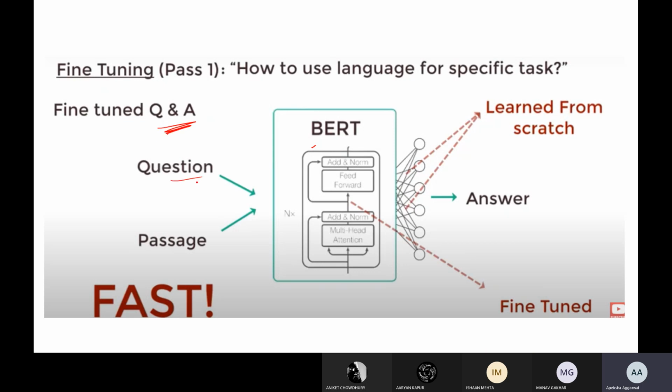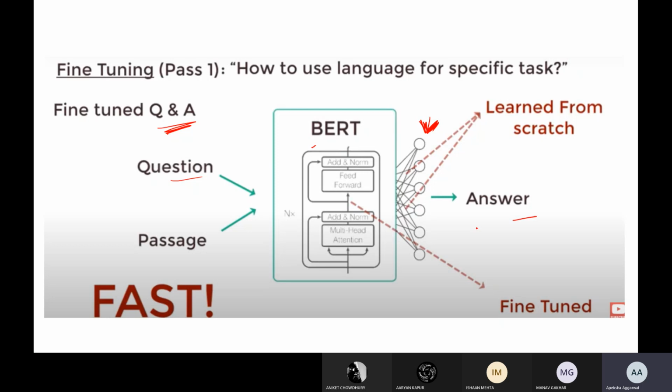You want to give some question as input and get an answer. What you will do is add a certain number of layers. This model has already learned, so instead of learning from scratch, you just use those weights, add a few layers to it, and say, this was my question, and I want the answer for this. So you will get the answer.